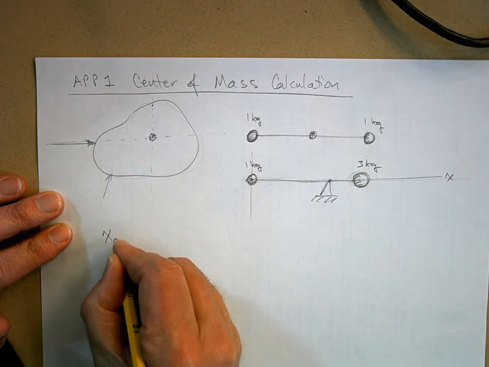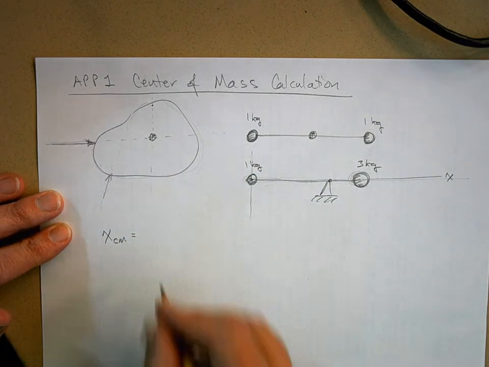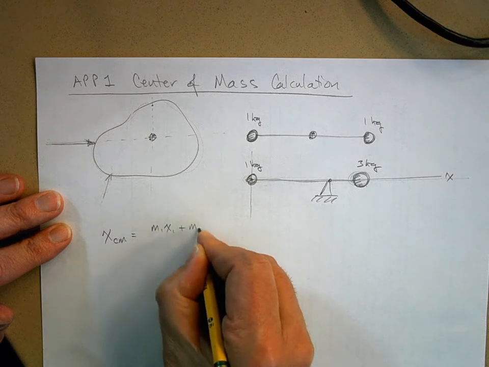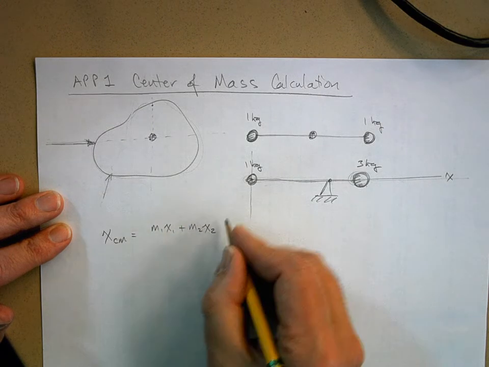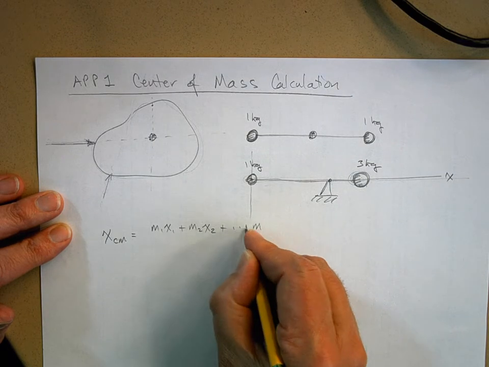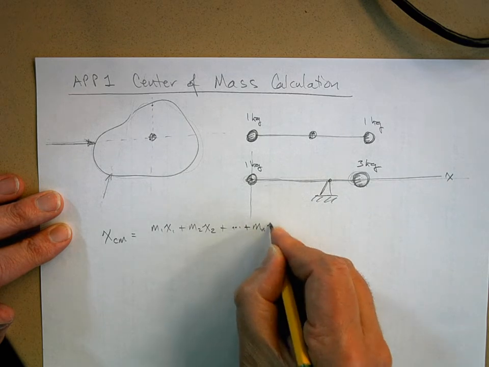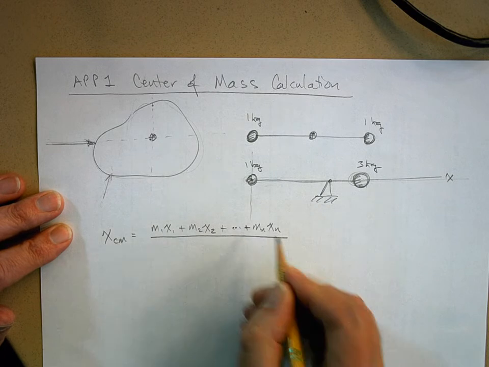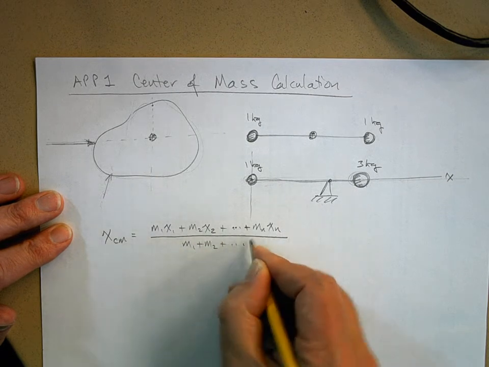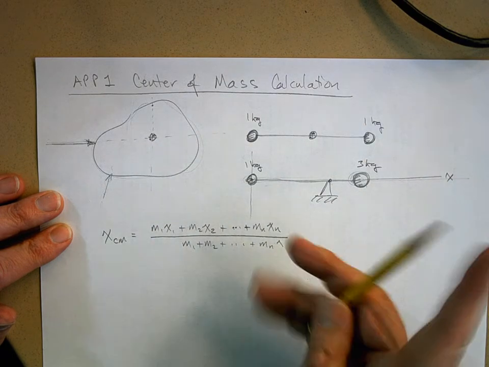And so the center of mass is given to be m1 x1 plus m2 x2 plus dot dot dot plus mn xn, and then we're going to divide by the total mass, m1 plus m2 plus dot dot dot plus mn.